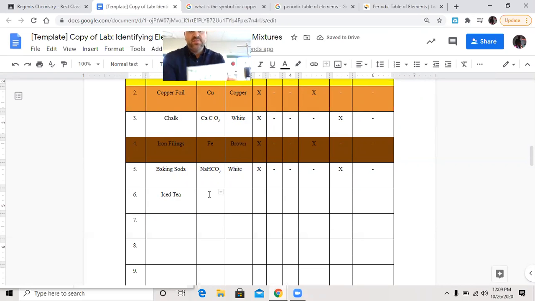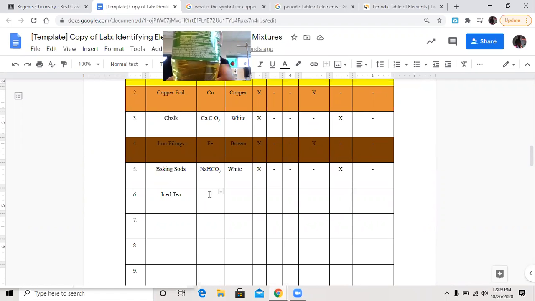I don't care about the brand. If I look at the symbols, there's no symbols there for iced tea, but we know there's water in there. We know there's probably going to be some sugar in there. We know there's going to be some tea in there too. If you look at the ingredients on the back and there's more than one compound, then it's got to be a mixture.